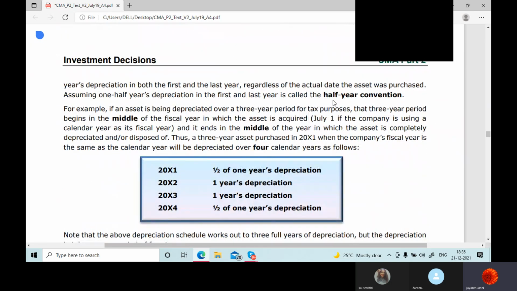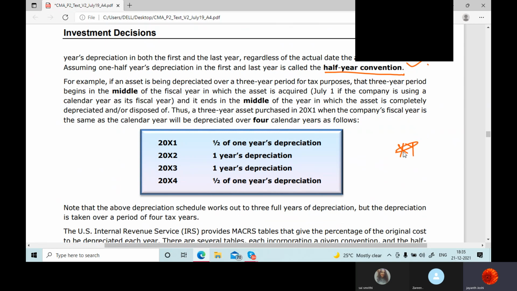Here is a convention you should follow, the half year convention. What is this half year convention? There is some asset, suppose plant and machinery, and that has to be depreciated based upon the MACRS method, modified accelerated cost recovery system. Given the depreciation would be for 3 years, the asset would have a lifetime of 3 years, but the depreciation you calculate would be based upon this convention.